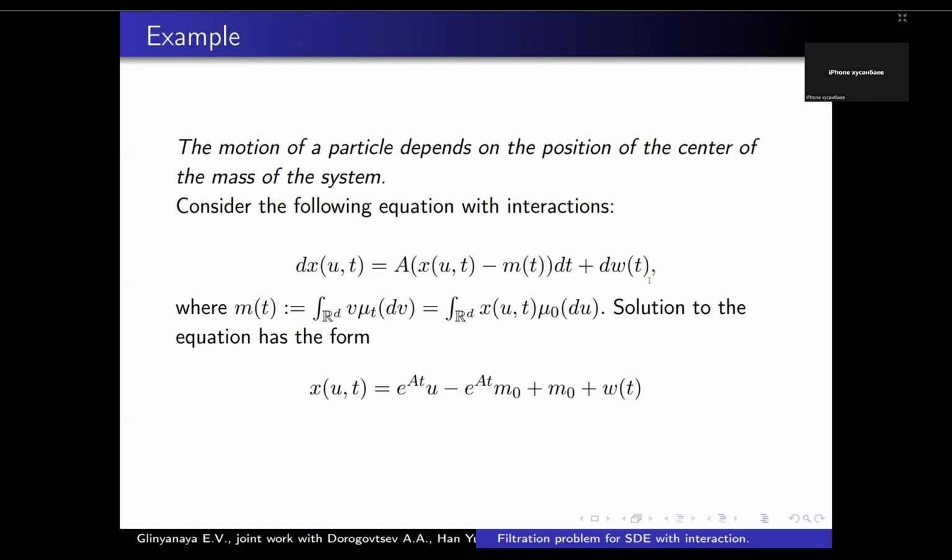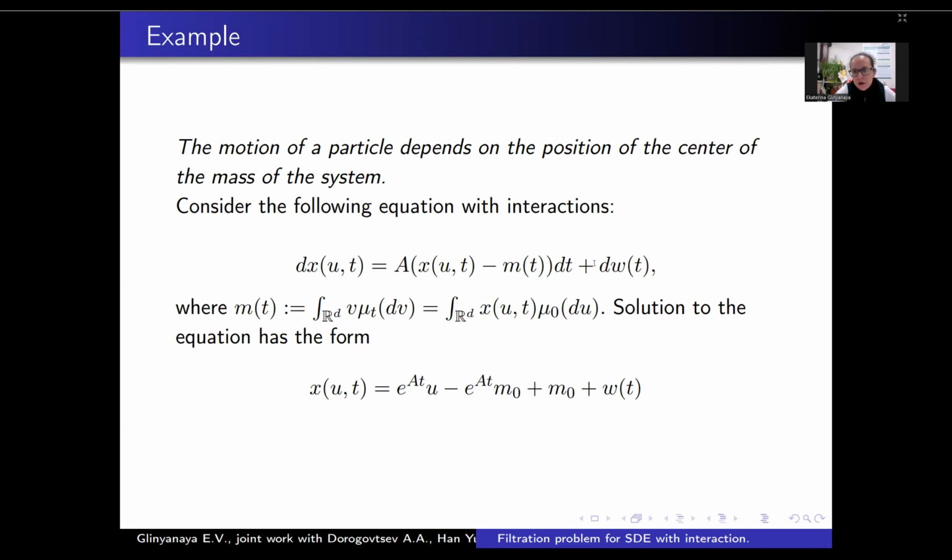So let us consider the following linear equation with interaction, in which the motion of a particle depends on the position of the center of mass of the system. This motion is described by the following equation.